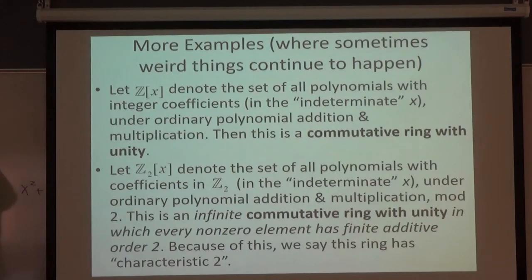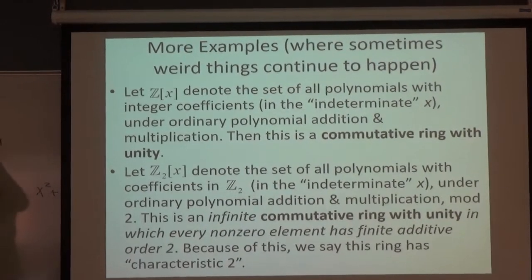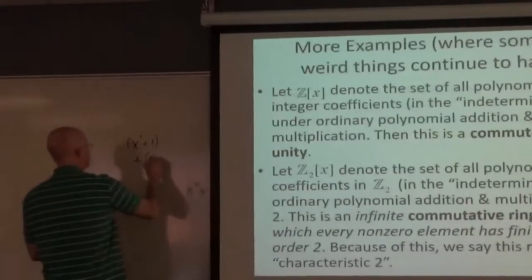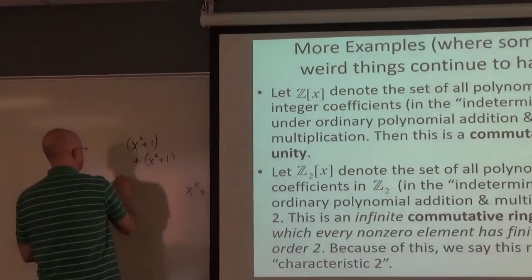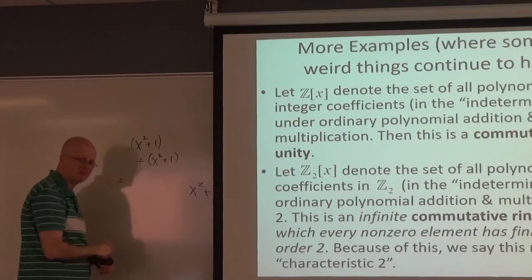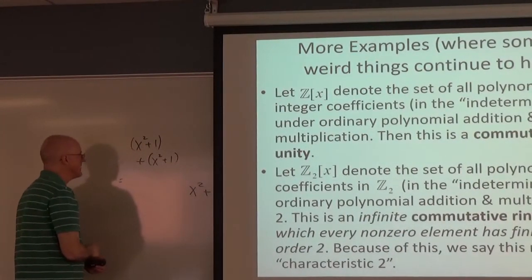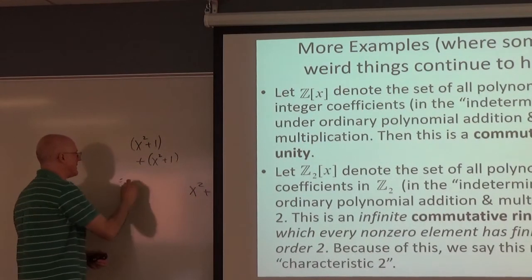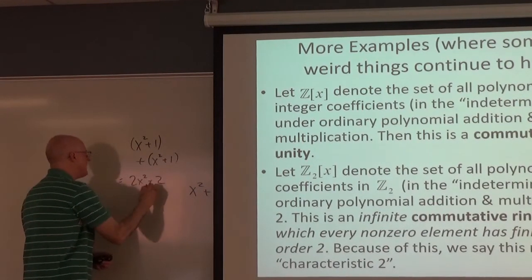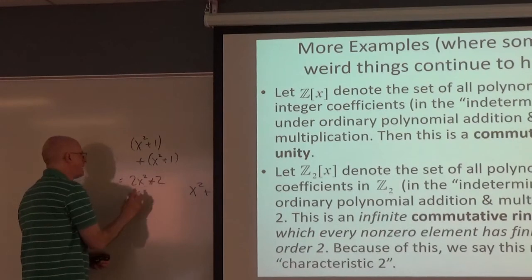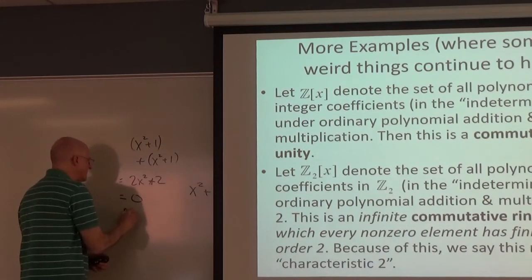If you think of x squared plus 1 as being in this ring, and you add it to itself, you are doing mod 2 arithmetic with the coefficients. So you get 2x squared plus 2, and I'm okay if you want to write that, but that does equal 0 mod 2.